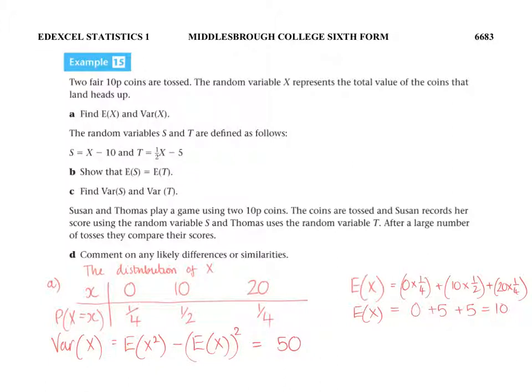Okay, I'll let you put the numbers in there, but you can accept from me that that's going to be 50. You have to really put another column on the table there for X squared.